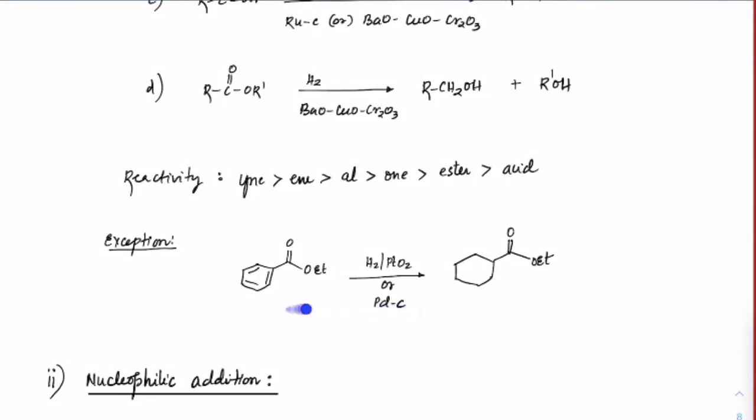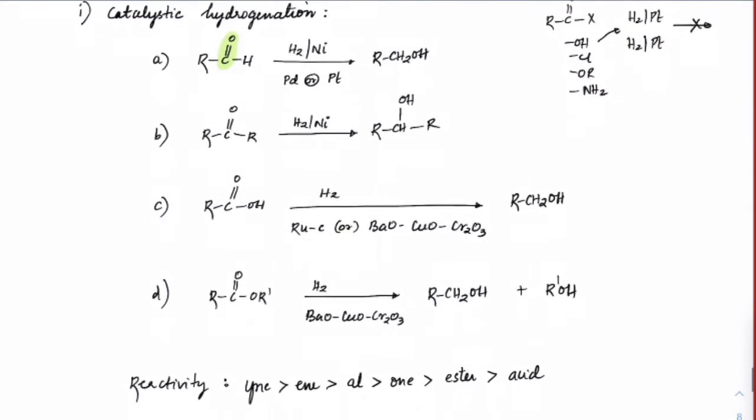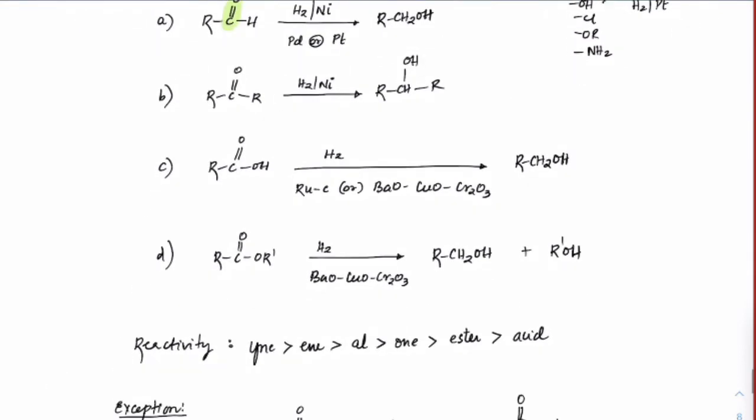Just make a note of this as an exception. Otherwise benzene cannot be reduced simply by H2 with platinum or H2 with nickel. Raney nickel is used to some extent, but that too at a very high pressure. So these are catalytic hydrogenations by which we can produce some alcohols.